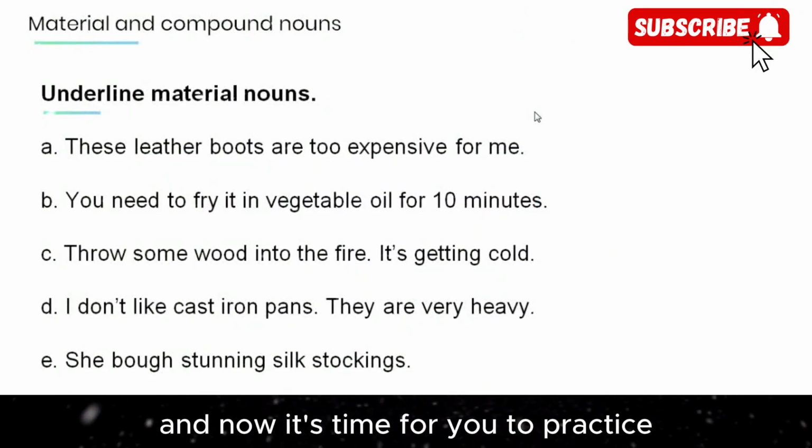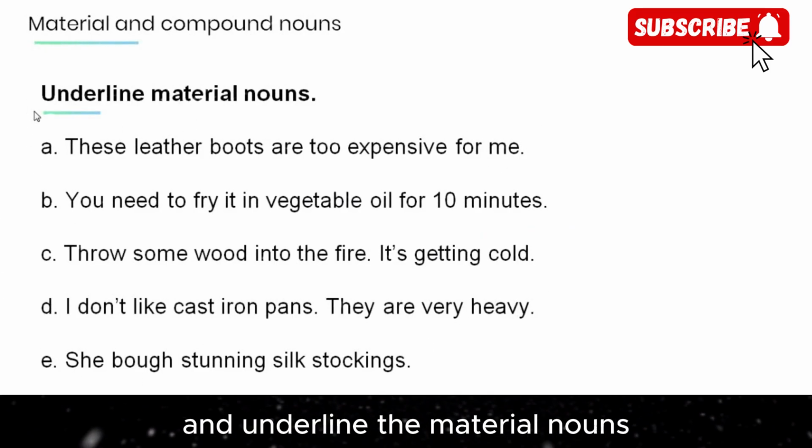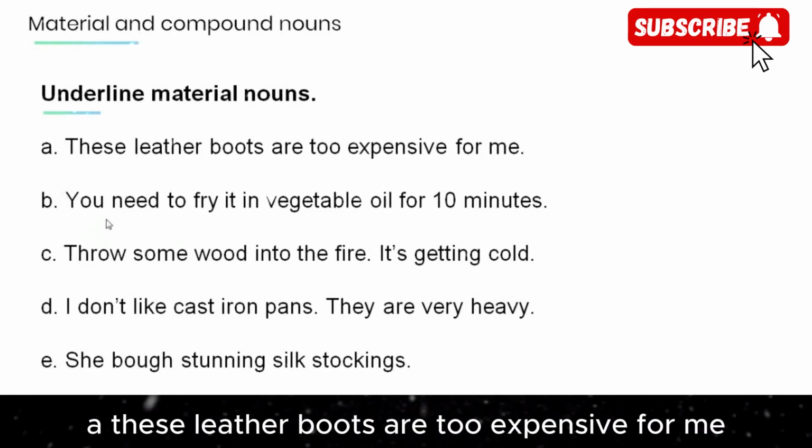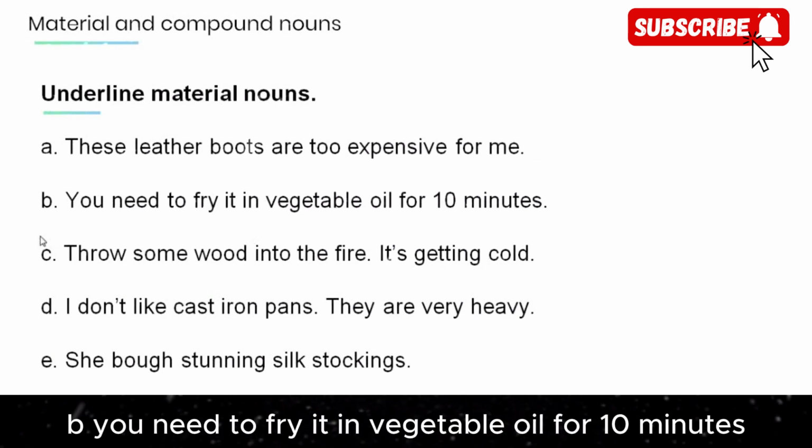And now it's time for you to practice on your own. Read the following sentences and underline the material nouns. A. These leather boots are too expensive for me. B. You need to fry it in vegetable oil for 10 minutes.